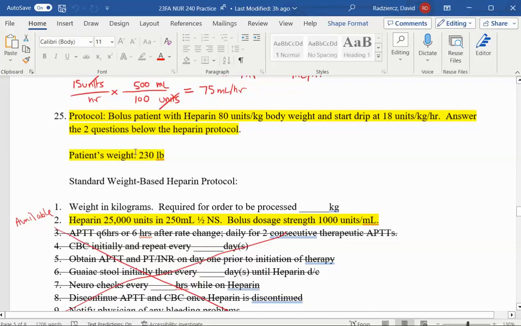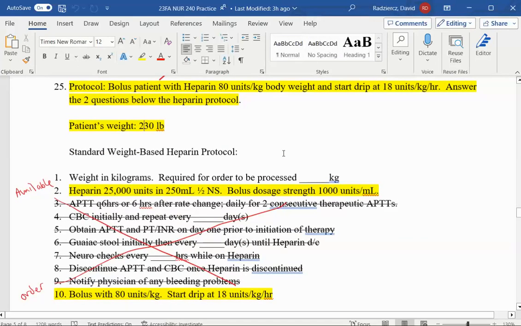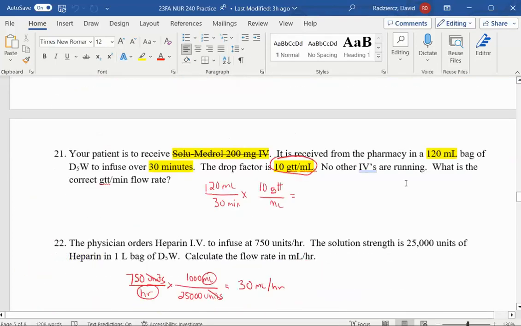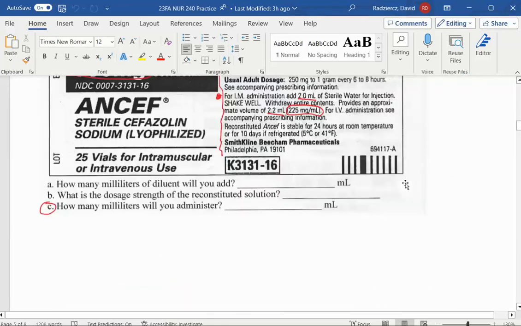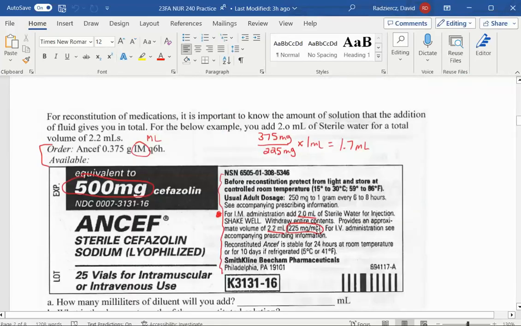All right, so I changed the patient's weight here to 230 pounds. So I'm just going to leave it as the 230-pound answer. And maybe the 18 and 8, maybe it was referencing 80 and 18. Well, I actually just worked through the reconstitution. So I'll just tell you right now, the trick is just finding this 225 milligrams per milliliter.